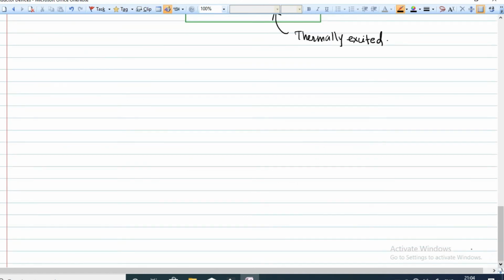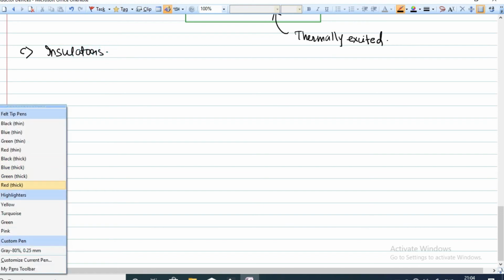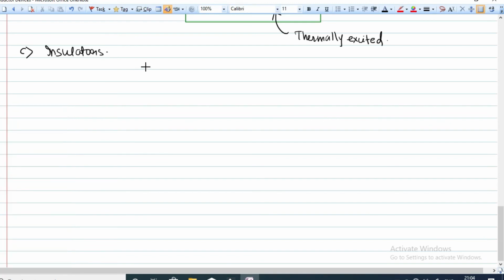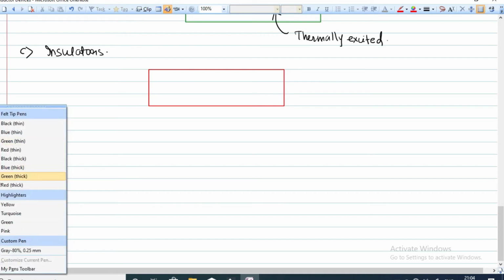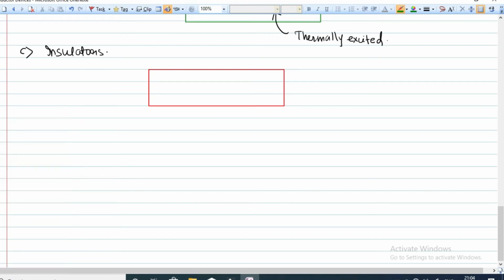Now, moving to the next topic, the energy band diagram of insulators. Now we are going to draw the energy band diagram of insulators. Suppose this is representing the conduction band, and this part is representing the valence band.